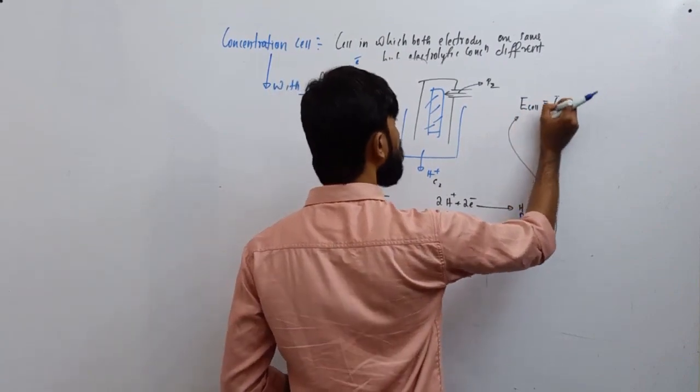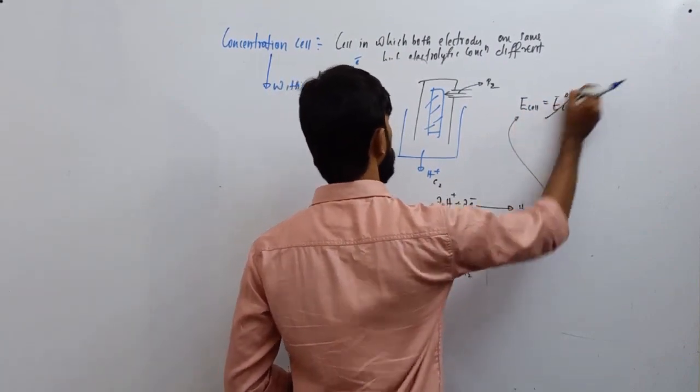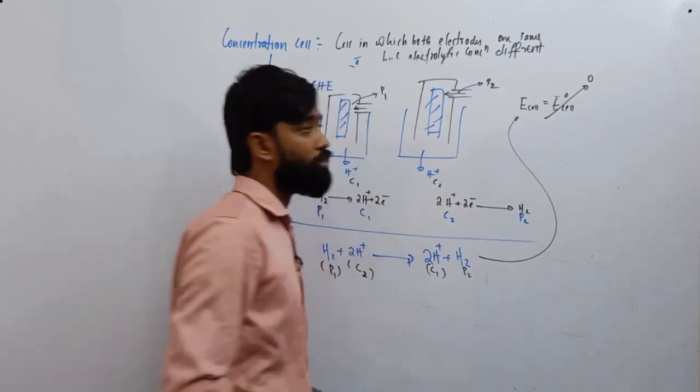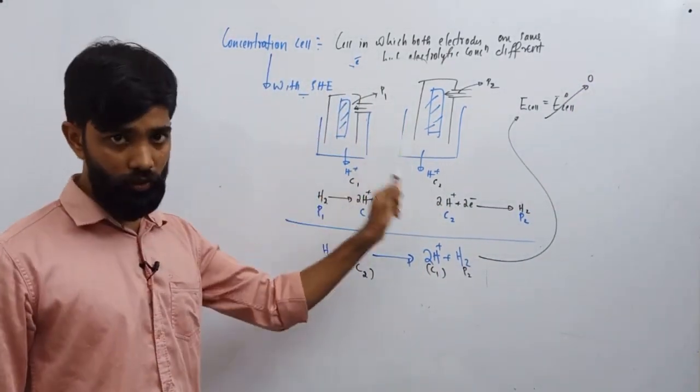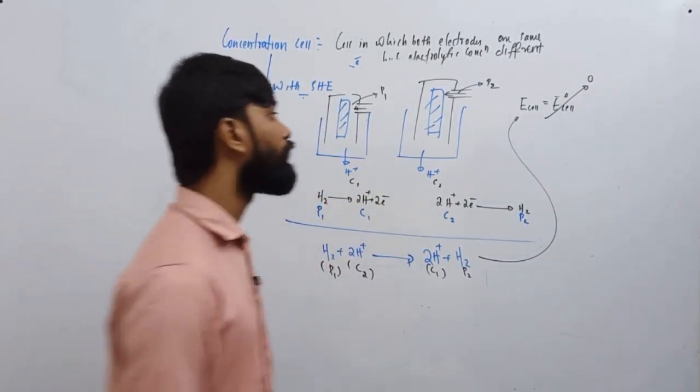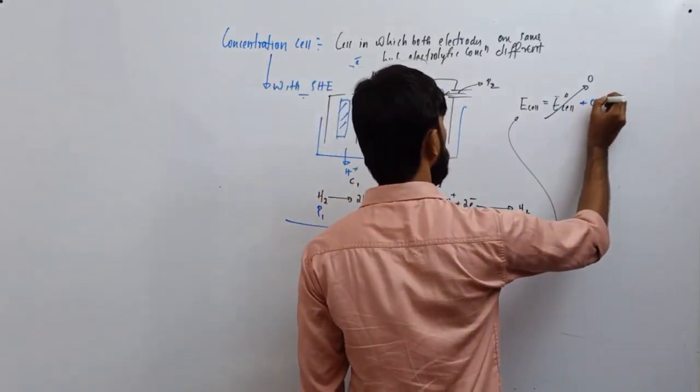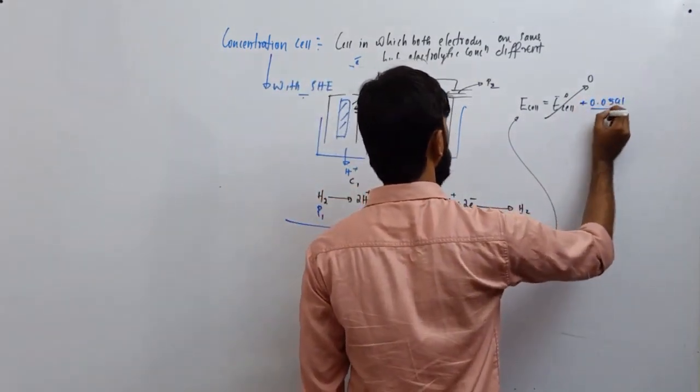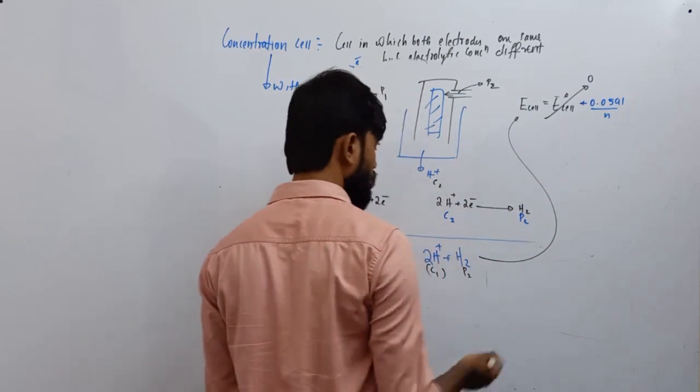E cell is equal to E0 cell. There is no doubt that E0 cell for any concentration cell is 0. So this is a concentration cell with hydrogen, right? Plus 0.0591 by n. Since it is hydrogen, n is 2.